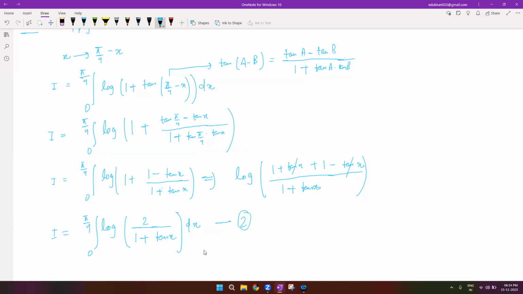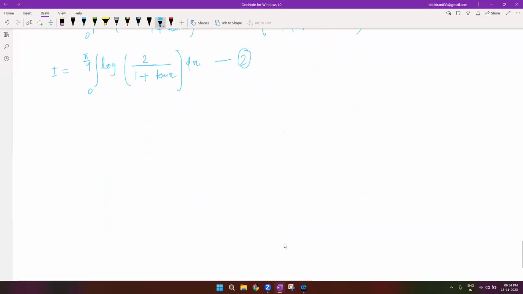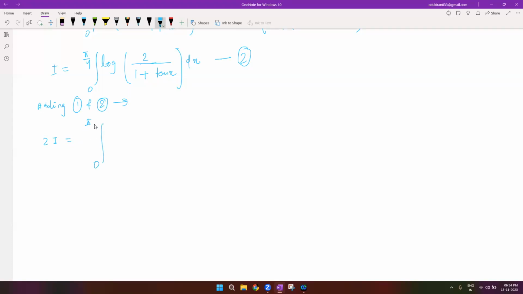Now I can add 1 and 2. We can add the first equation and the second equation. Let's see what we get. So adding 1 and 2, this becomes 2I on the left hand side, I plus I. And on the right hand side, the first equation is from 0 to pi by 4.